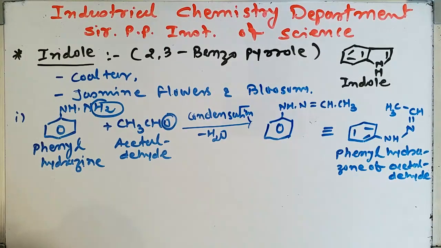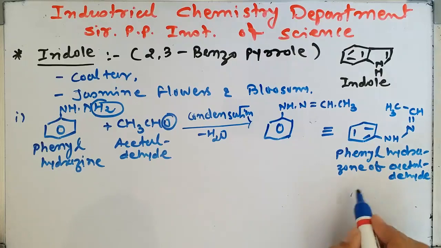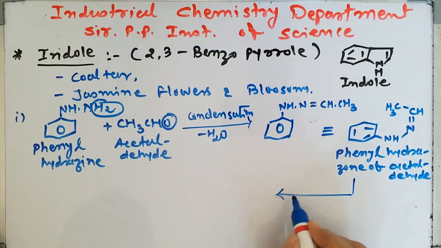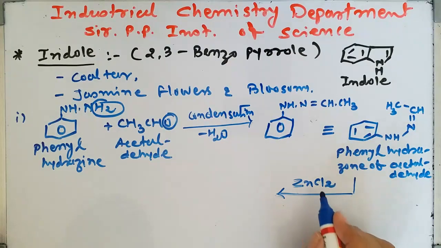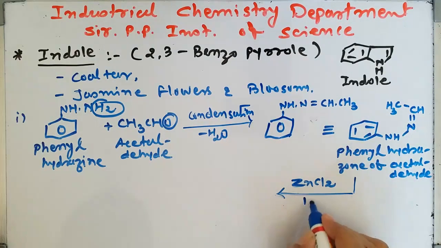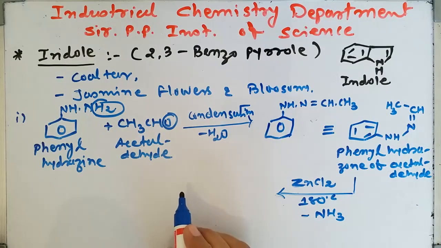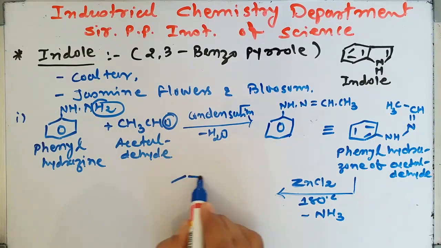Phenylhydrazone of acetaldehyde, and this compound is treated with zinc chloride, ZnCl2, at 180 degrees Celsius, and loss of ammonia gives indole.